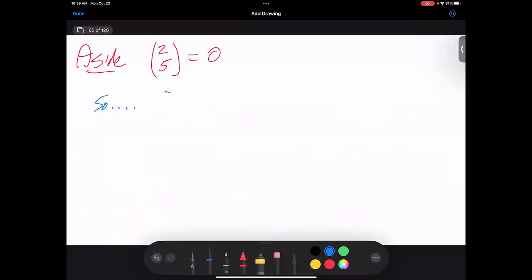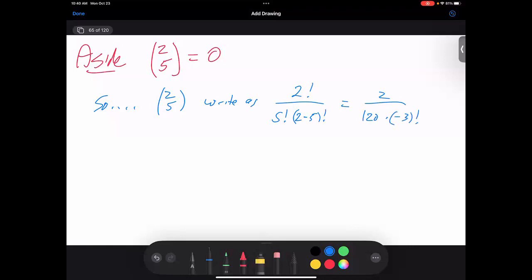So 2 choose 5 we write as 2 factorial over 5 factorial times 2 minus 5 factorial. That's 2 over, anybody know 5 factorial? 120 times -3 factorial. And we want that to be 0. So -3 factorial is 0.